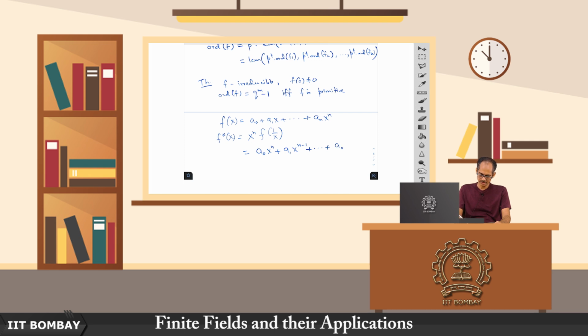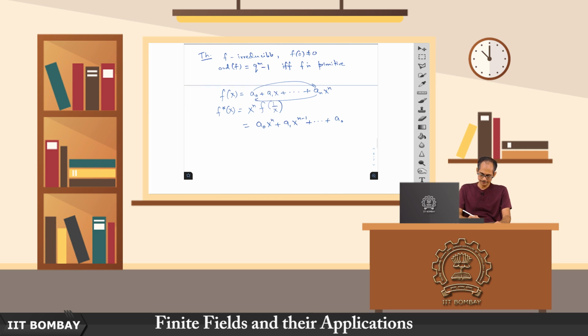That is, we reverse the coefficients, we take a_0 as the coefficient of x^n, this goes here, this comes here, we reverse the order of the coefficients, and that is defined as the reciprocal polynomial.